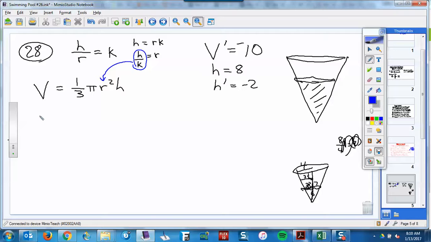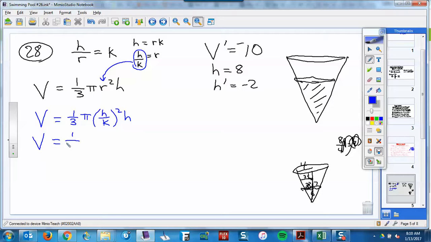So let's go through that. Let's see what happens. So we get V equals 1/3 pi. In place of R, we put H over K squared times H. And so we would get V equals, now we would have H squared on top, we'd have H, that'd be H cubed, we'd have K squared on the bottom with this 3.